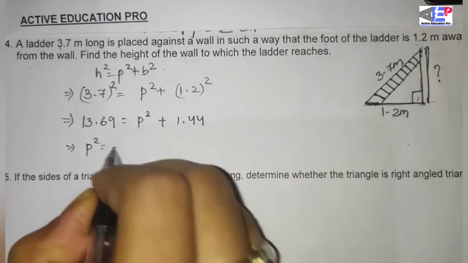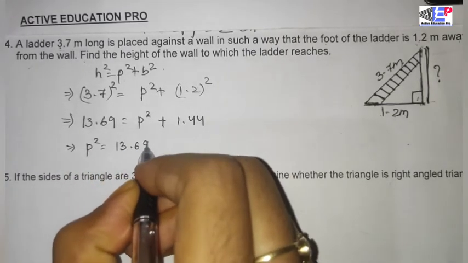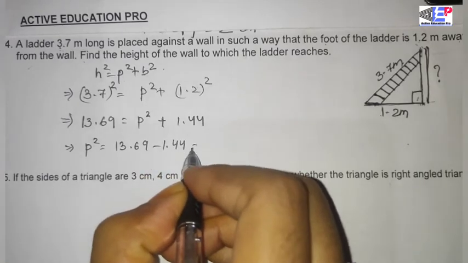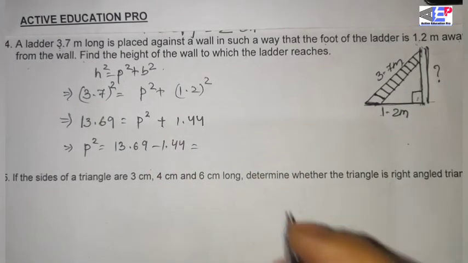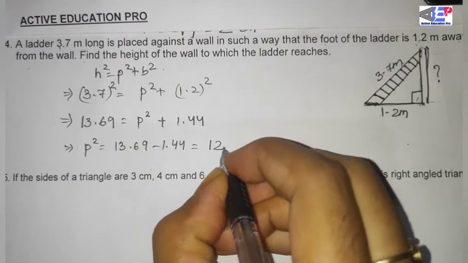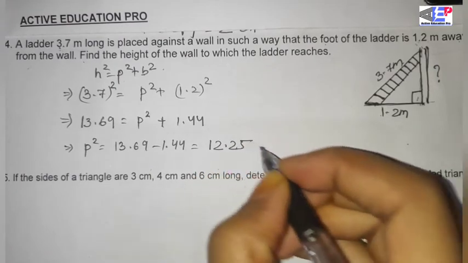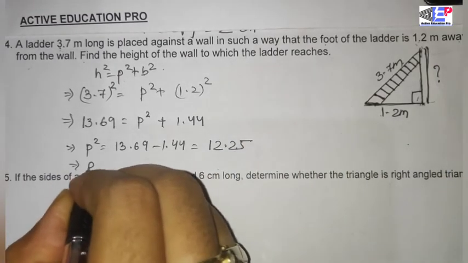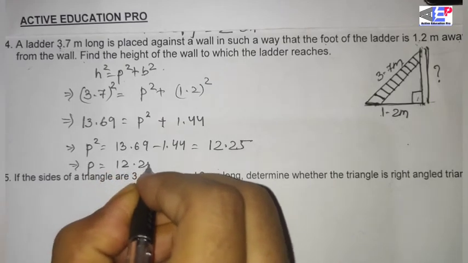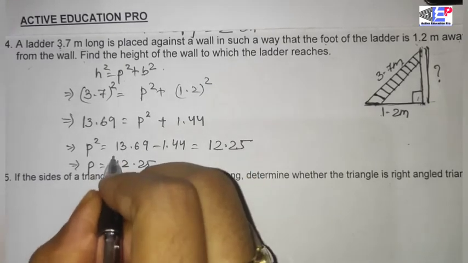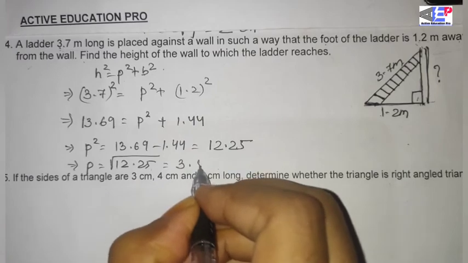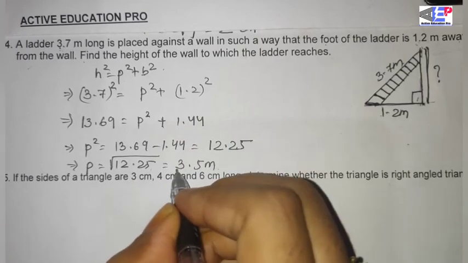P square is equal to 13.69 minus 1.44, which is 12.25. Now P is equal to square root of 12.25, which is 3.5 meter. So P is 3.5 meter.